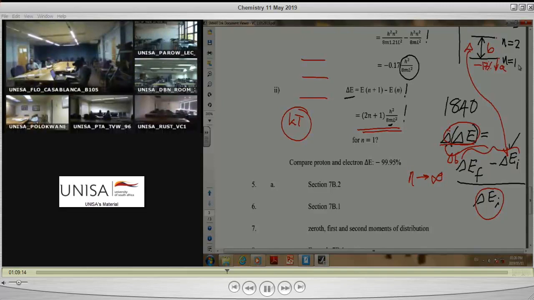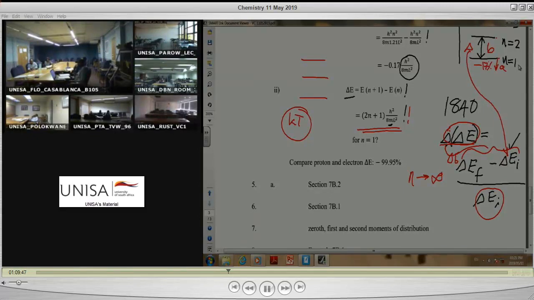So, this is the initial separation we start with, which is given here. And then we change. If we change the mass now, we are still changing the denominator. This time, however, we're changing the mass, which is not squared.